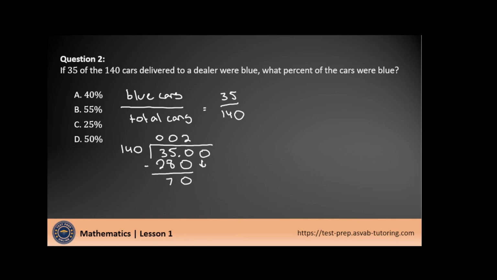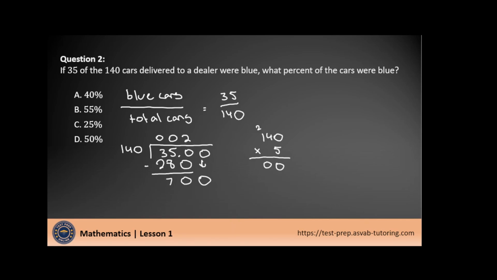Drop down a 0. How many times does 140 go into 700? Let's try 5 times. So 140 times 5, just a guess. 0 times 5 is 0. 4 times 5 is 20.